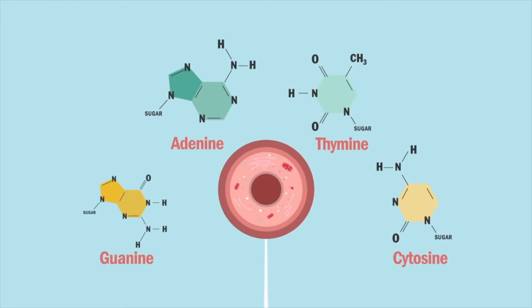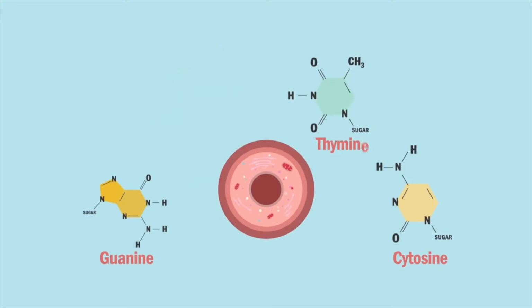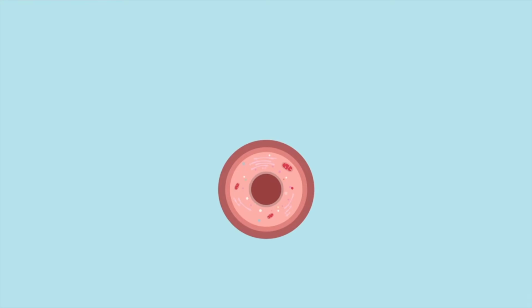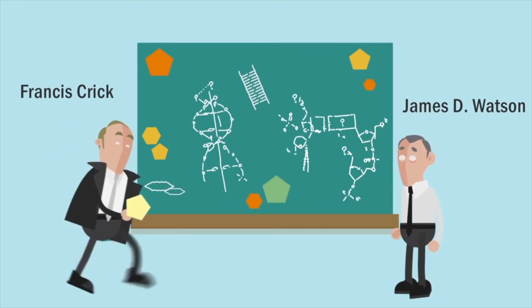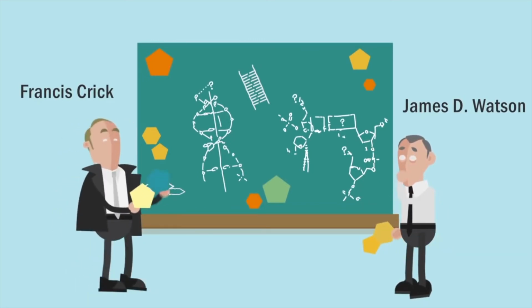How was it possible that the whole book of our life was written with just 4 letters? Our celebrating friends James Watson and Francis Crick thought that maybe the answer was in the structure of DNA, and they were trying to solve this 4-piece puzzle that was driving all the scientific community crazy.